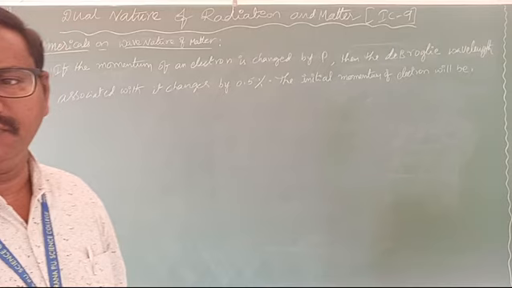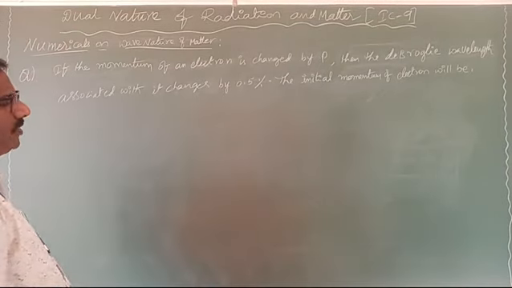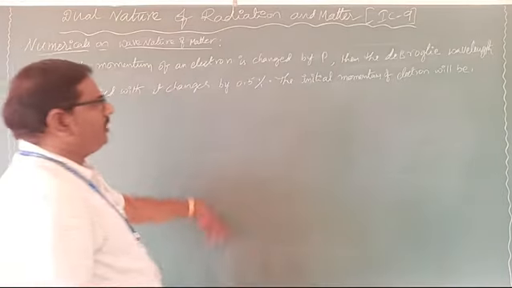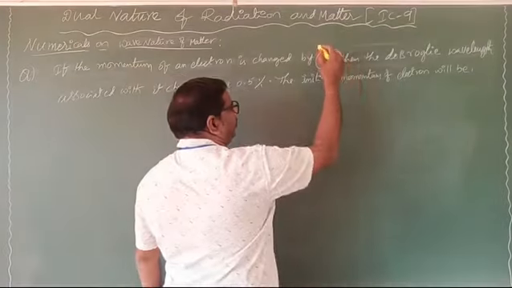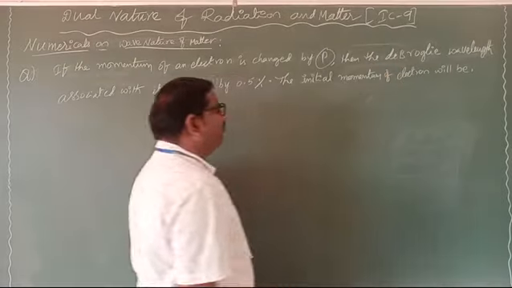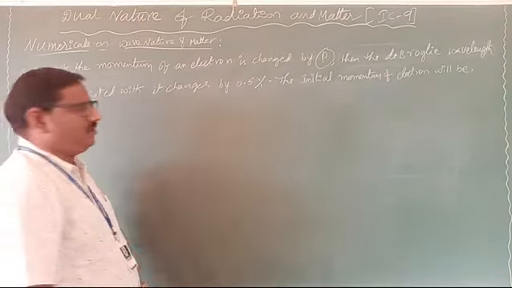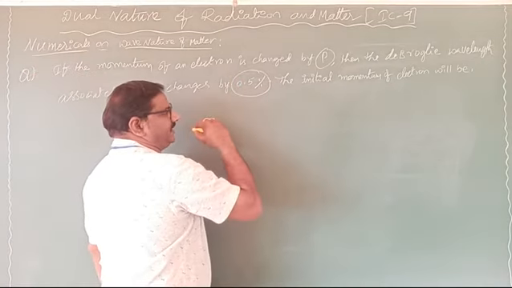Clear? See here, one more problem is given. If the momentum of an electron is changed by p, then the de Broglie wavelength associated with it changes by how much? They gave 0.5%.